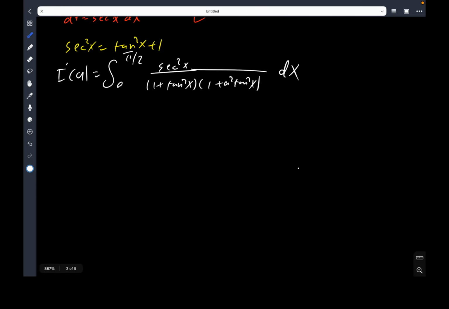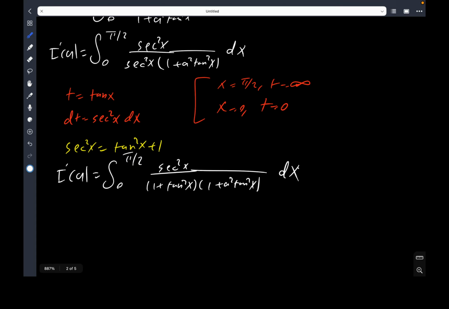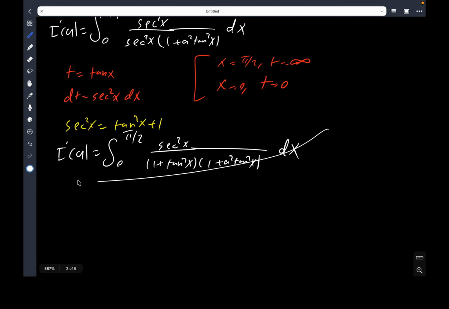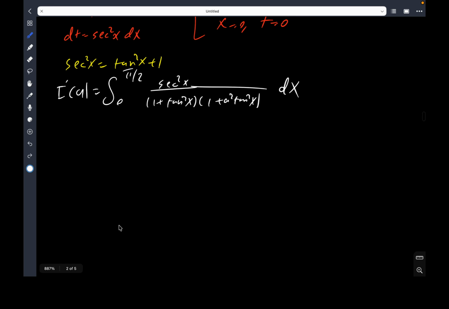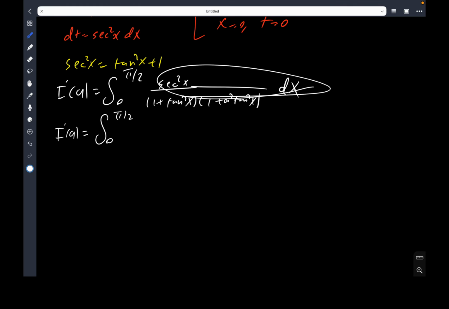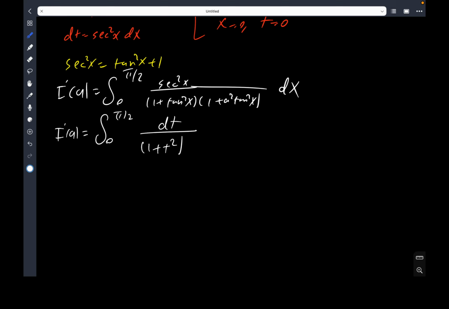So if I use this variable substitution here, I'm going to get I prime of a equals the integral from 0 to infinity of dt over 1 plus t squared times 1 plus t squared a squared.